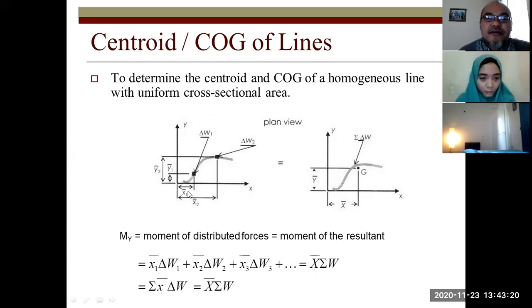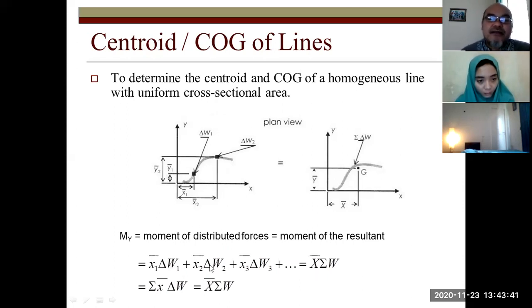The calculation of the new center of gravity of the homogeneous line is similar to surface area, where we calculate the x coordinate from the moment about axis y and the y coordinate from the moment about axis x.